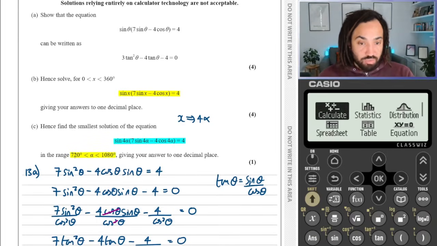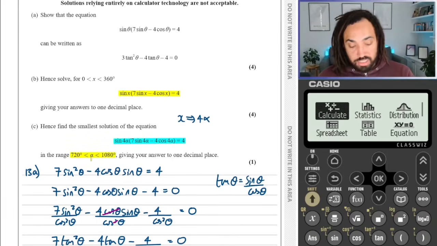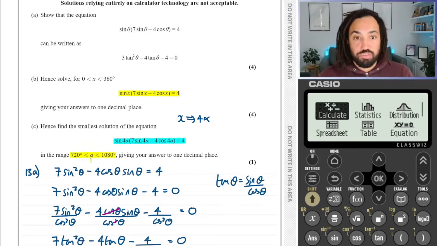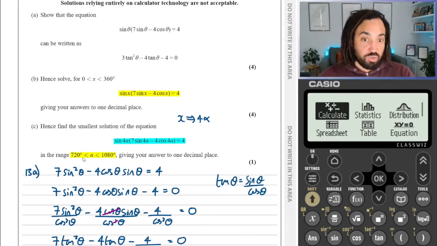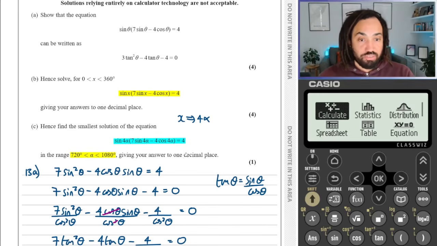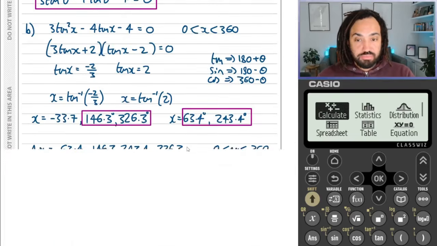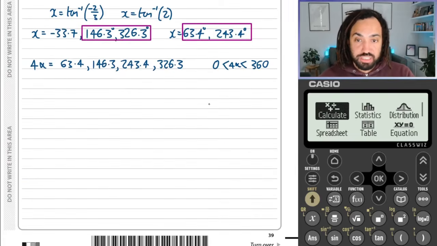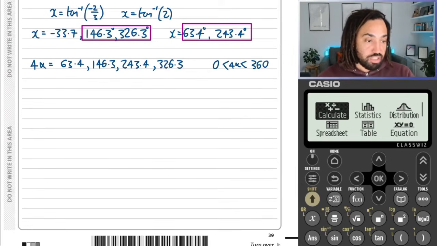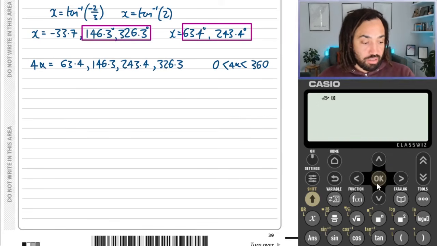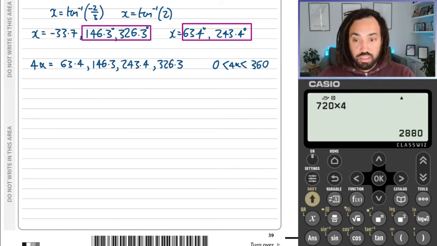Now whenever we get a range, but the input is like 4 times alpha or 2 alpha or 2x, we want to multiply the range to get it in terms of, in this case, 4 alpha. So we're going to times this by 4. So what we're interested in is 720 multiplied by 4 is this.